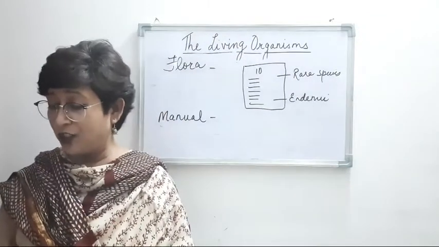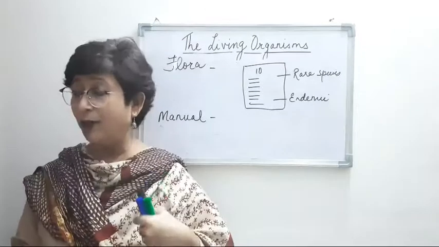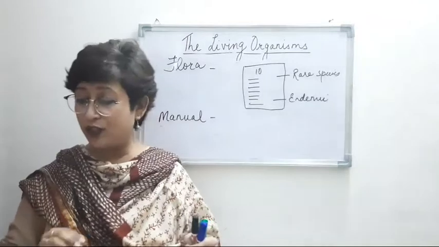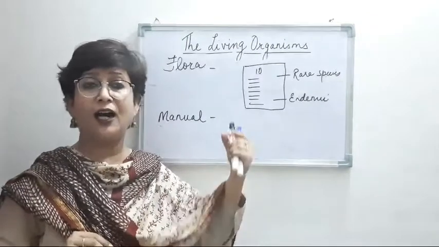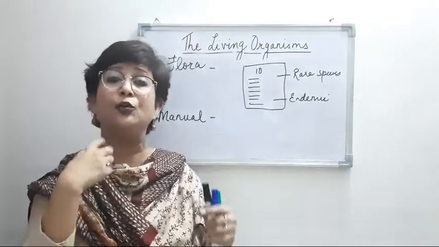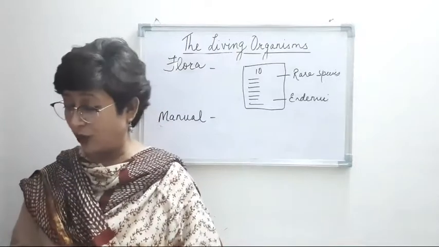So the information about all these things is contained in the manual. So it is a kind of a guide for the individuals to accurately identify and classify the organism into a particular group or a category or a taxon, right?